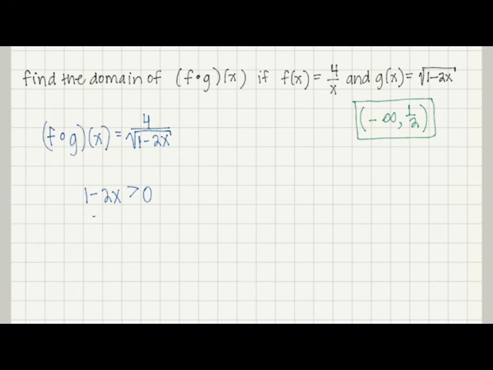I'm going to subtract 1 from both sides. And now when I divide both sides by negative 2, so look at my work, negative 2x divided by negative 2, I have to flip the symbol, is less than negative 1 divided by negative 2. So the negative 2's cancel out, and x is less than positive 1/2, which gives us our answer, negative infinity to 1/2.